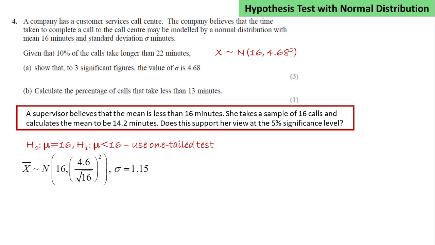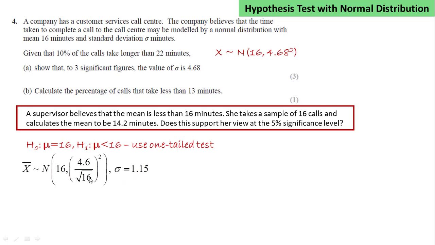They will be normally distributed, still with a mean of 16. However, the standard deviation will be the standard deviation of the population divided by the square root of the number of samples, in this case 16. So in this instance, the standard deviation of the means would be 1.15.